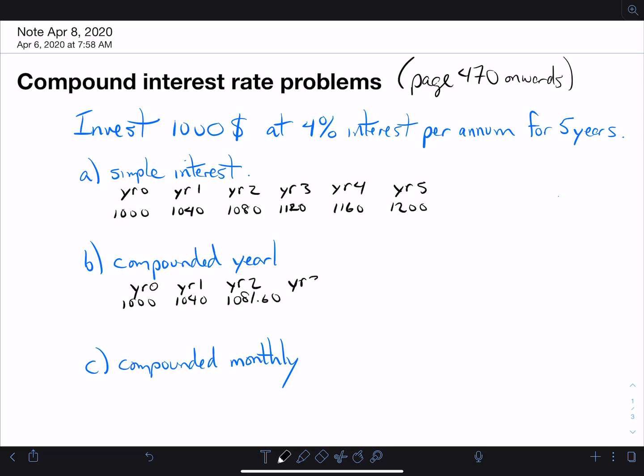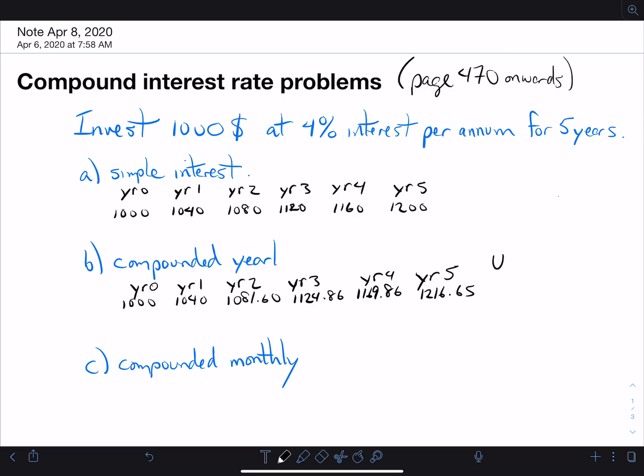In year 3, you would get 1,124.86. In year 4, you get a little more, 1,169.86. And year 5, you would end up with a grand total of 1,216.65. So an additional $16.65.